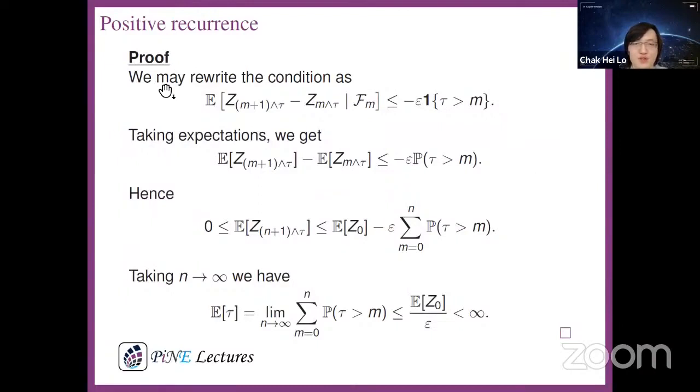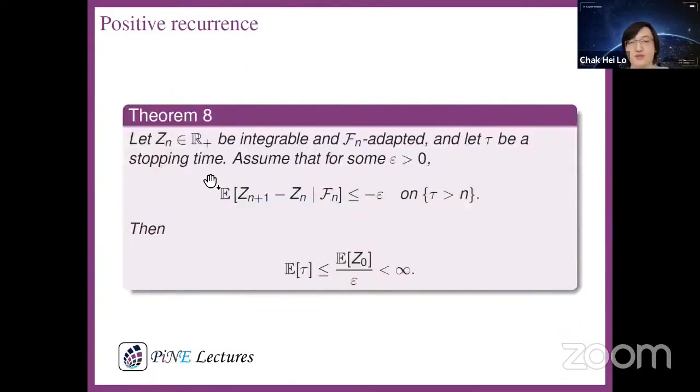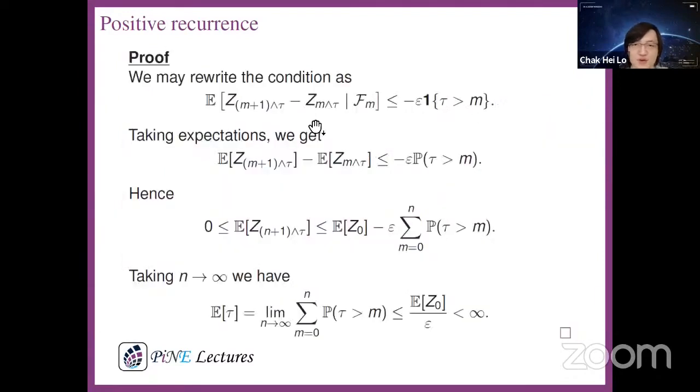If you look at the condition that we have here, we can try to rewrite it in this form. Again, this is a trick: add the indicator function here. One can check that if the indicator function is equal to 1, then this side is exactly the same as the condition that we just stated before, so it's less than epsilon.